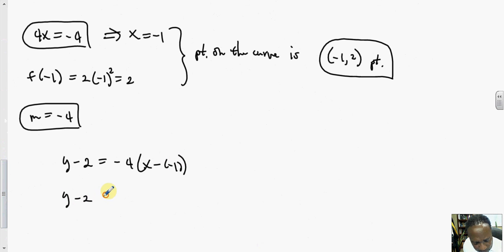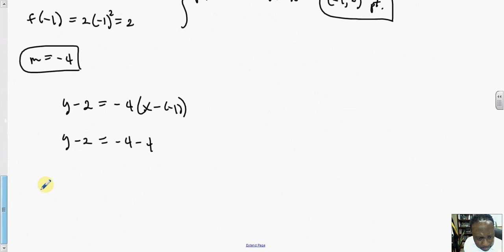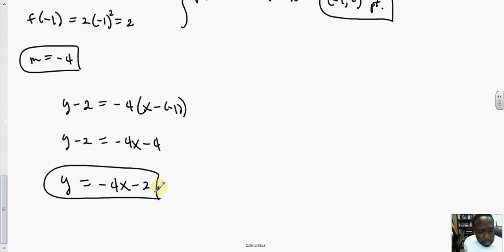So we have y minus 2 is equal to -4 times x plus 1. -4 times x is -4x, and -4 times 1 is -4. And so y is equal to -4x. Add the 2 to both sides. We get -2. And that's the equation that you want.